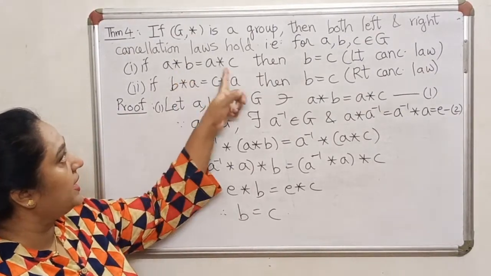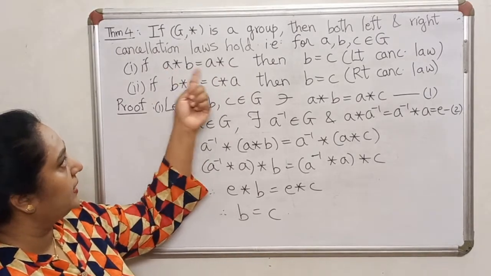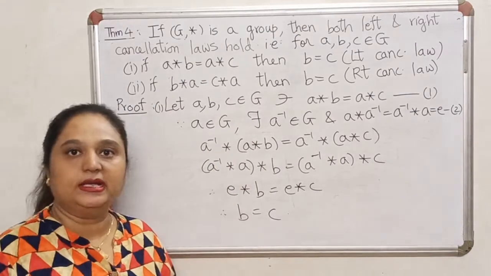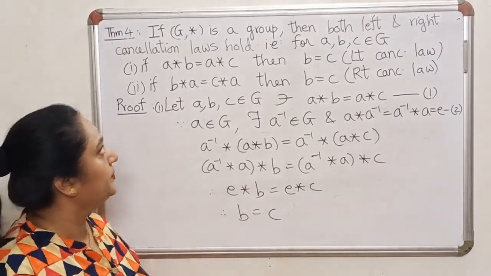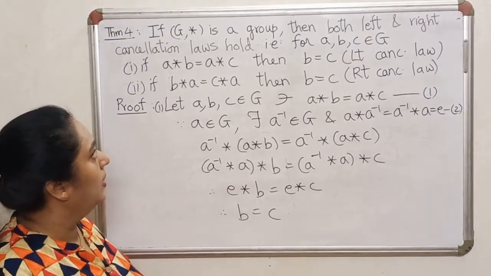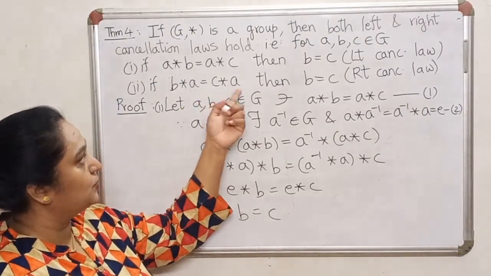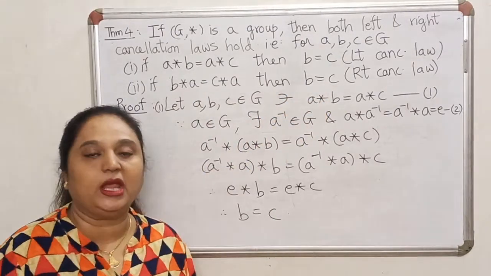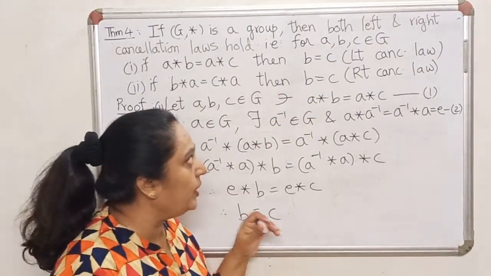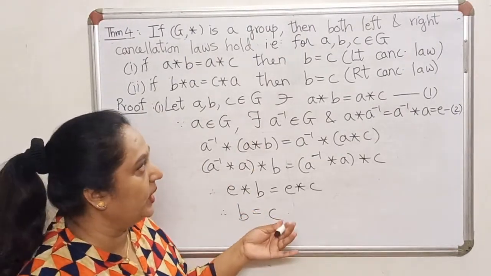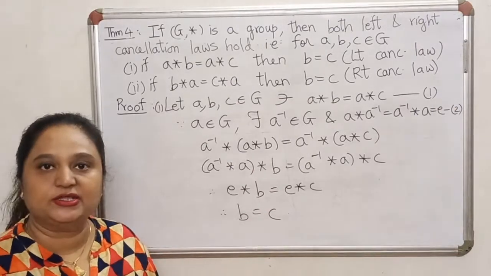Therefore, if on both sides of the equation I have the factor A to the left, I can cancel that. This is called the left cancellation law. And we similarly have the right cancellation law. So here the factor A is to the right, and we can cancel that and come up with the conclusion B equal to C. I have only proved the left cancellation law here, but by a similar argument you can prove the right cancellation law.